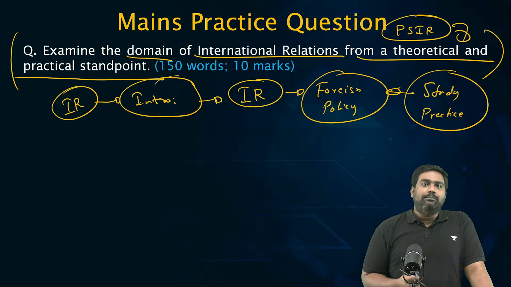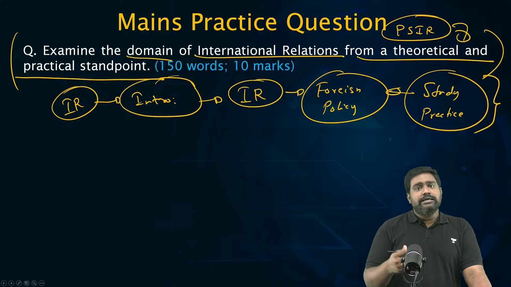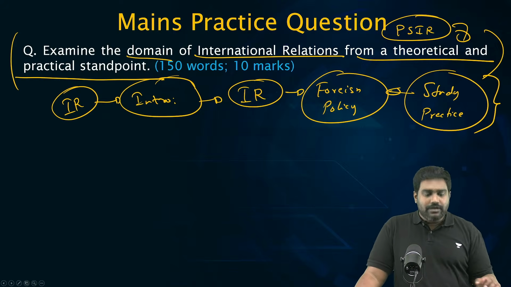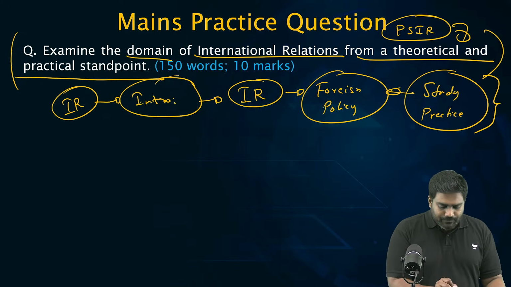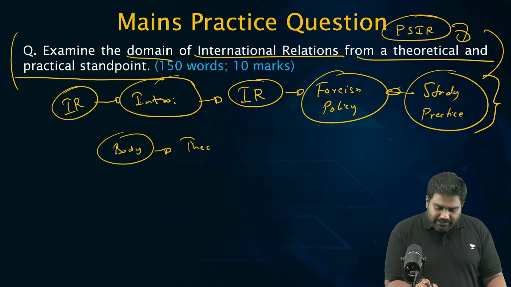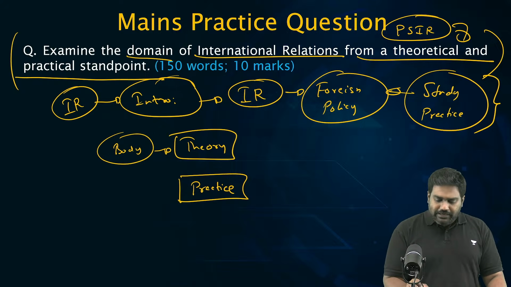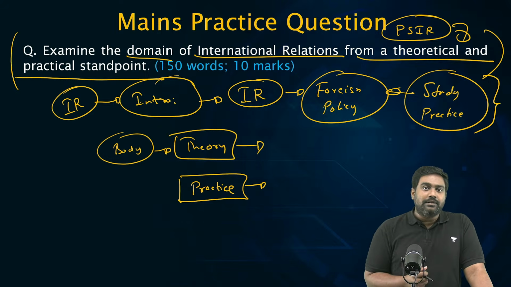Practice of diplomacy, practice of conducting diplomatic negotiations, engaging in foreign policy negotiations is also international relations. So explain this aspect in the introduction, and in the body, break down the theory and the practical part. Separate the two and give a quick definition with an example.